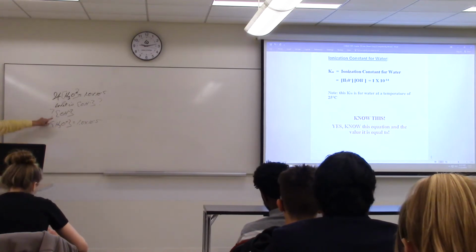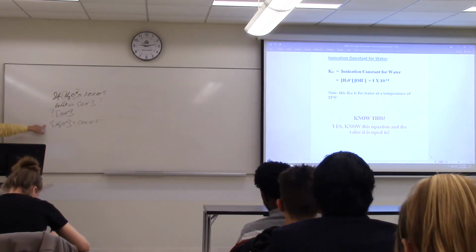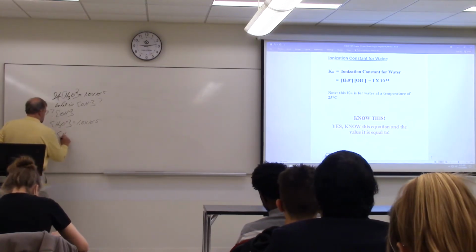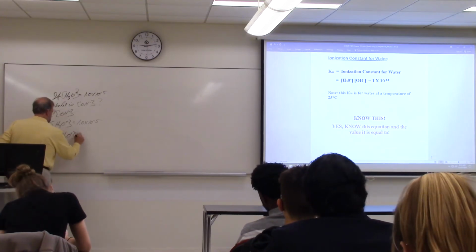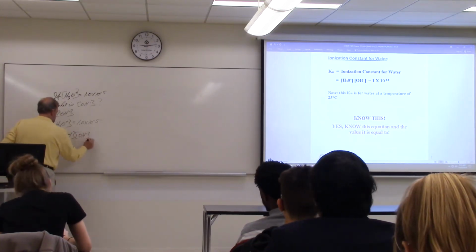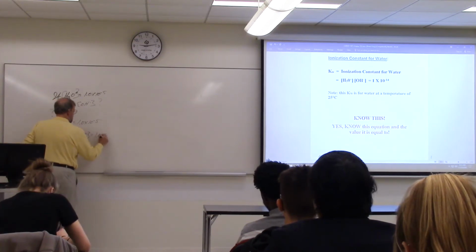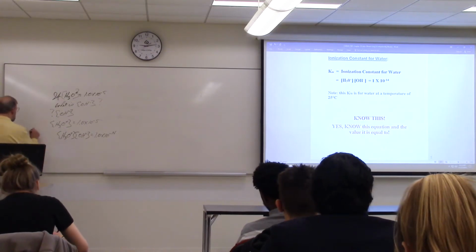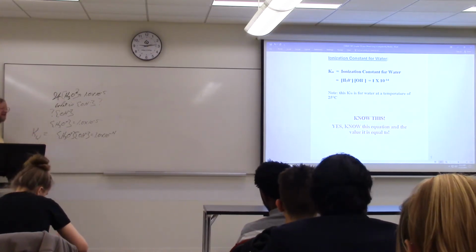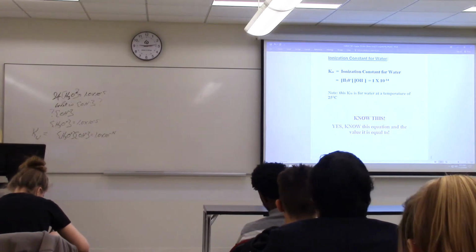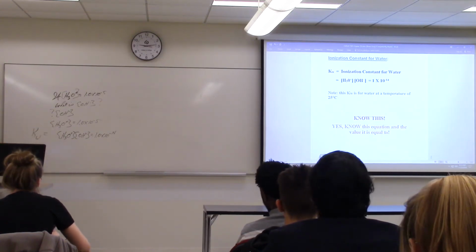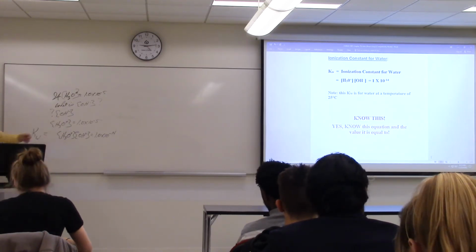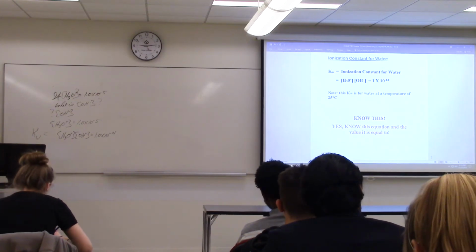As soon as you see this, what else do you know? You know that the water ionization constant, Kw, which I'll give to you on a test, is equal to the hydronium ion concentration times the hydroxide ion concentration, and that's equal to 1.0 times 10 to the minus 14.